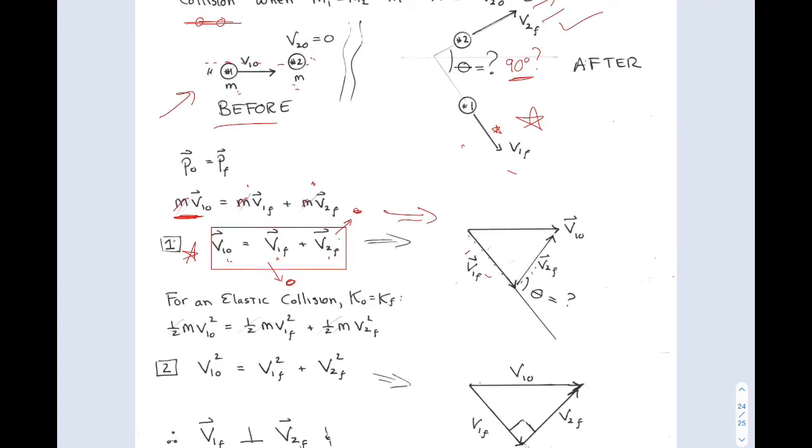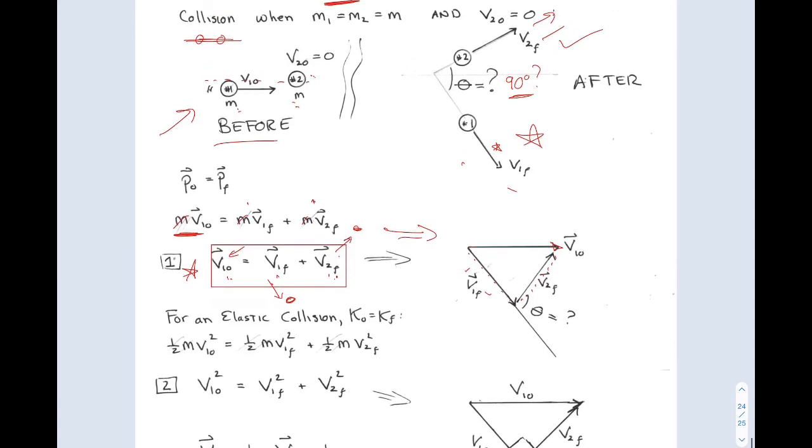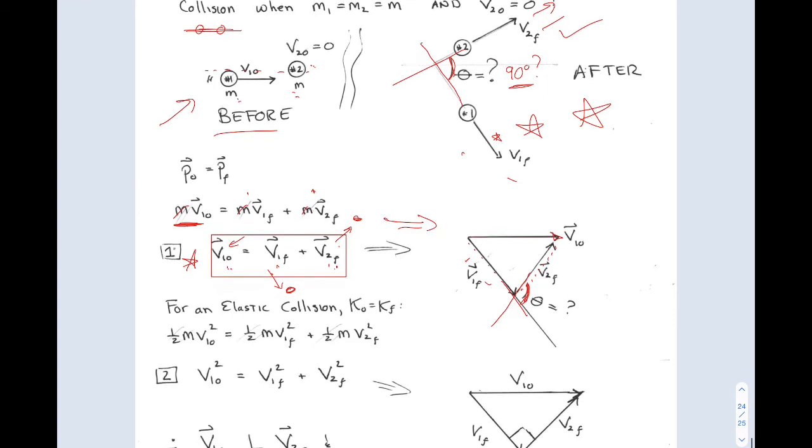So I have V1 final plus V2 final, and if I add those two vectors together, I get a vector that points to the right. So that puts a condition: V1 final plus V2 final has to be equal to V1 initial. So there's a vector triangle. If I look back up at this picture, here's V2, here's V1, and I'm trying to find that angle and show that it's 90 degrees.